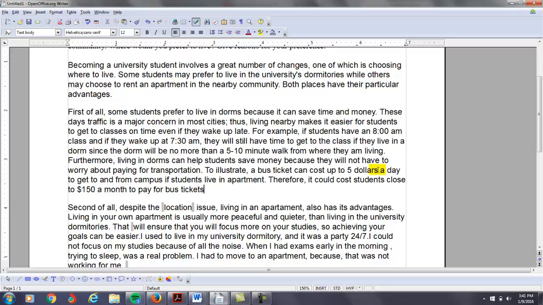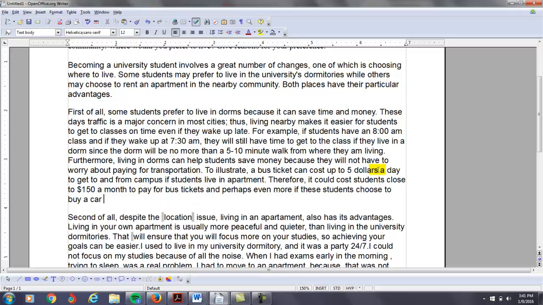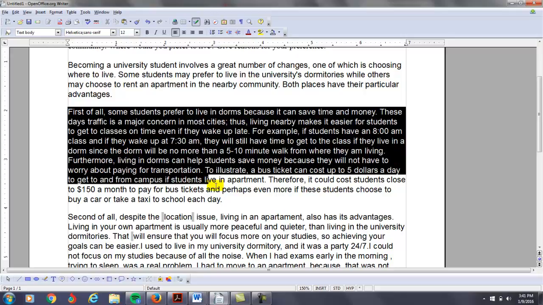We'll say to pay for bus tickets, perhaps even more if these students choose to buy a car or take a taxi to school each day. Okay, so what do we got here? I think we're pretty good there.